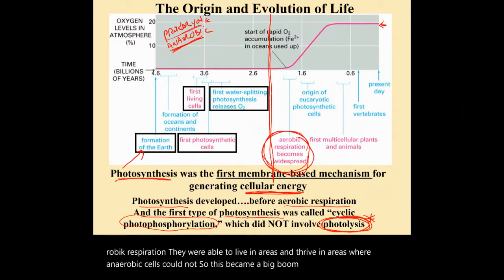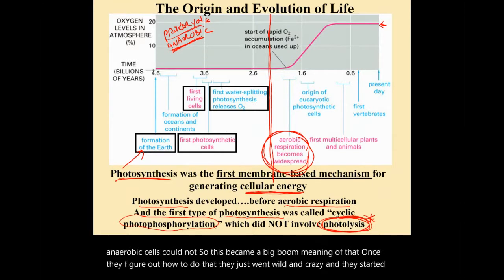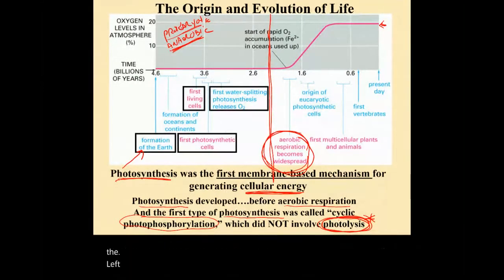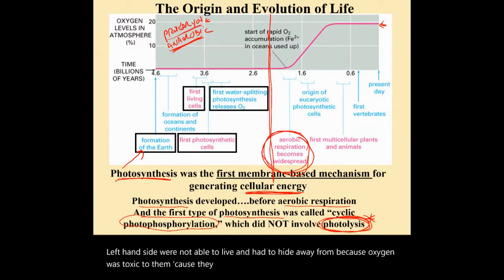Once they figured out how to do that, they just went wild and crazy, reproducing like crazy in an oxygen environment where all the other guys on the left-hand side were not able to live and had to hide away, because oxygen was toxic to them, because they were doing everything anaerobically. So these aerobic prokaryotes become widespread.